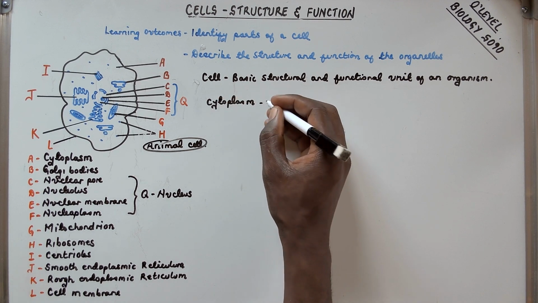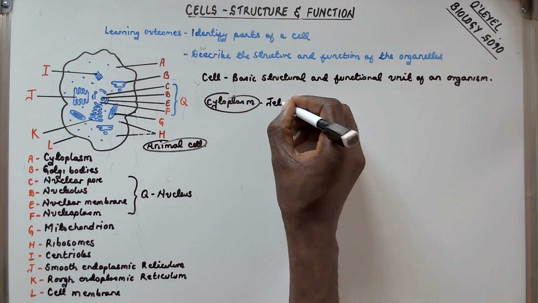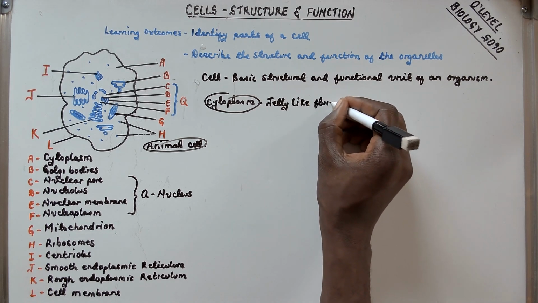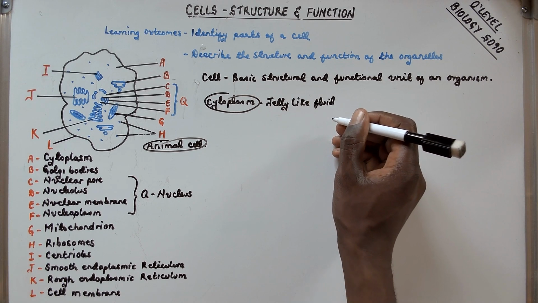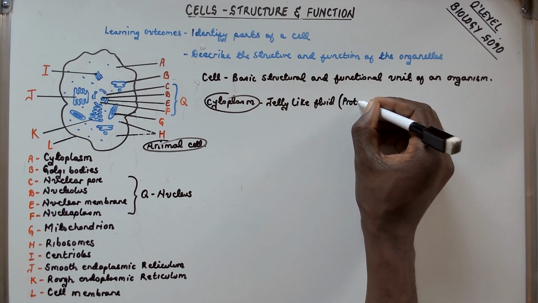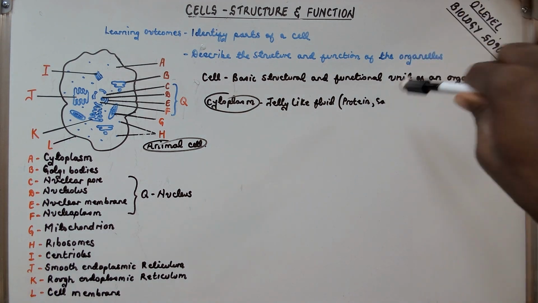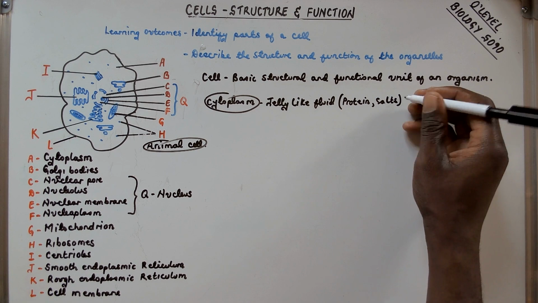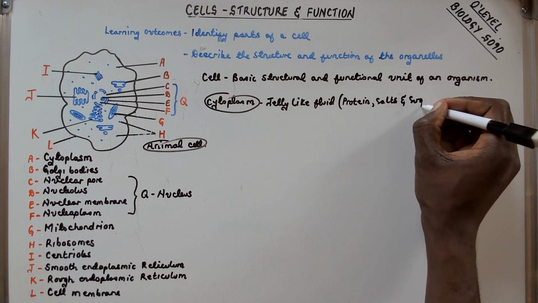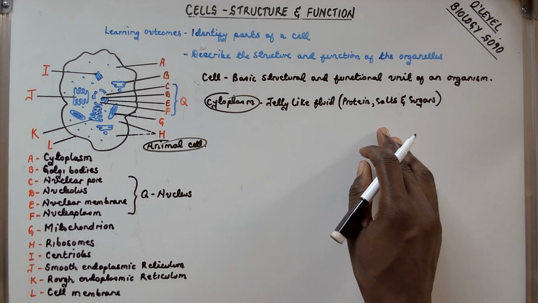The cytoplasm is just a jelly-like fluid, and this jelly-like fluid is made up of different things, including proteins, salts, and sugars.